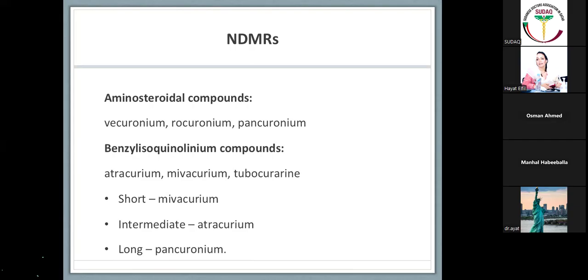Another classification is by the duration of action: short, intermediate like atracurium, or long like pancuronium.